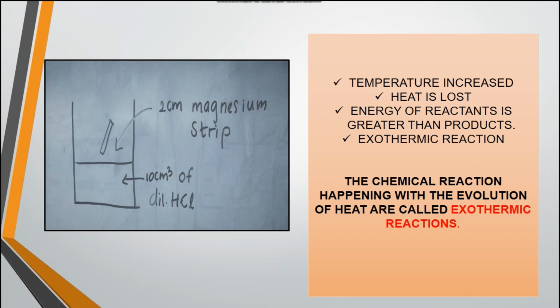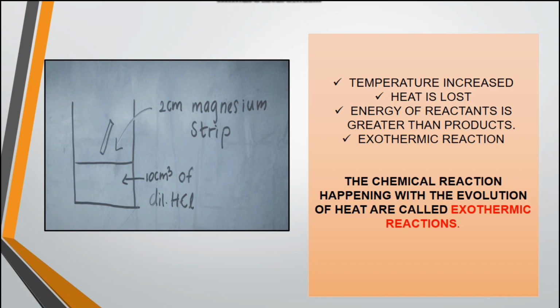So the products are magnesium chloride and hydrogen gas. Here the magnesium strip and the hydrochloric acid have a higher energy than the magnesium chloride and the hydrogen gas. That means the energy of the reactants is greater than the energy of the products.